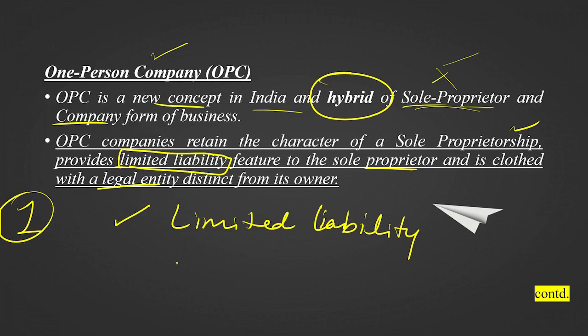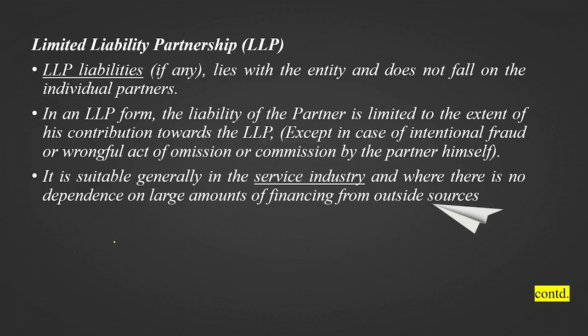In a legal entity, we know very well the company is different from the owner. So Salomon versus Salomon, same case, right? That case is the example for you to understand distinct legal entity. So that is the advantage in OPC. Next we come to LLP, limited liability partnership firm.